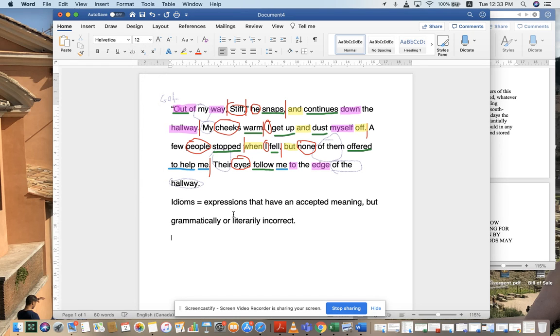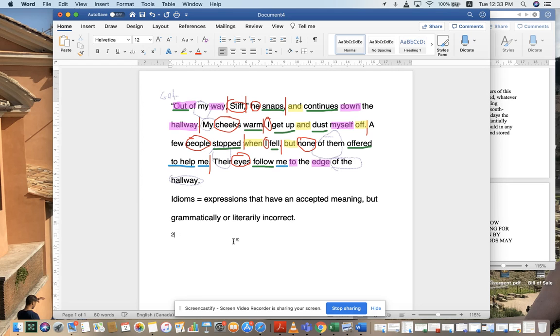Just set that font up here. So we have get, that would be second person singular imperative for the first part. Remember, imperative is a command, okay? He snaps, third person singular.